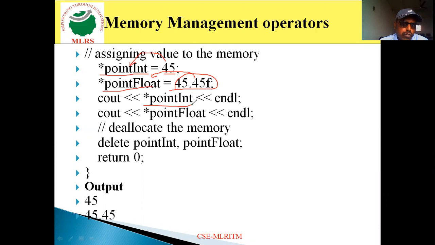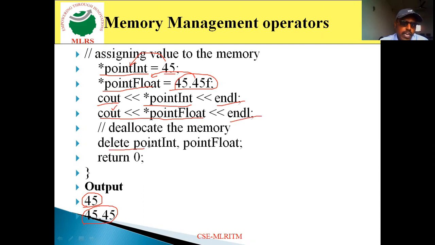Then when I print the value by means of cout *pointInt, it displays 45 on the output screen. Then endl, which is similar to slash n, end line. Now cout *pointFloat. Again the pointFloat value is 45.45, which will appear on the output screen by means of cout statements. Again endl, end line.